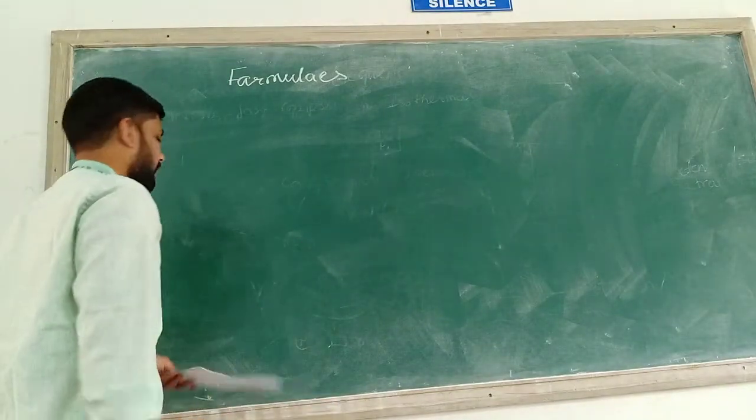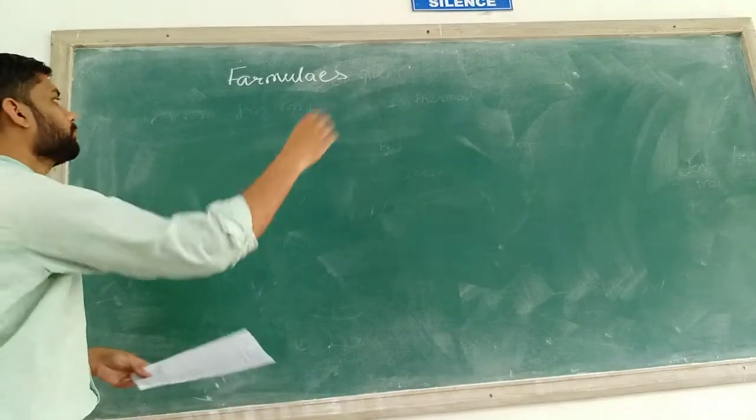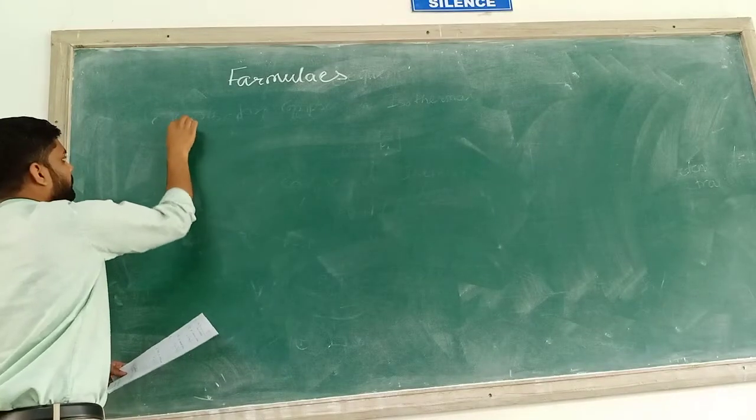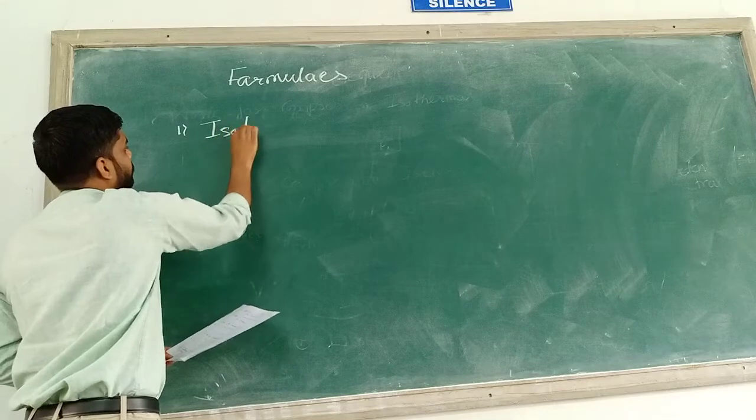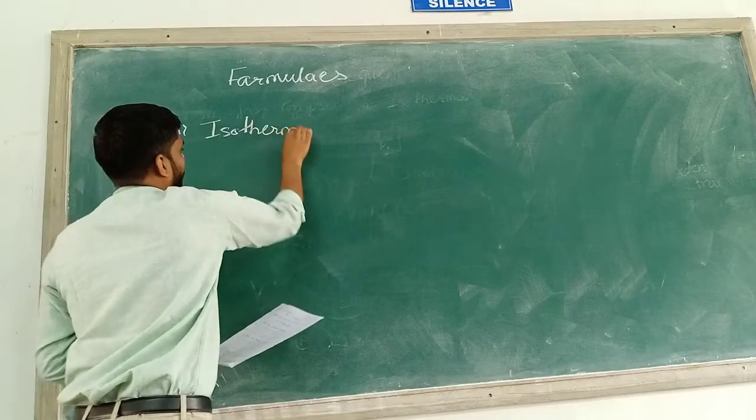Next formula is for power required to run the compressor. First type of power is isothermal power, also known as minimum power.